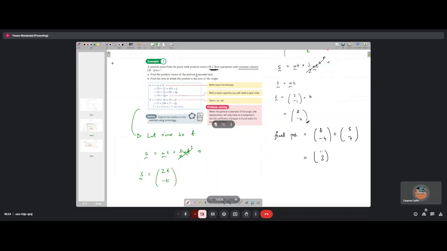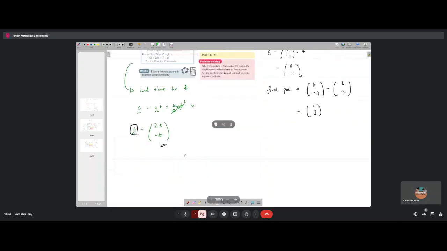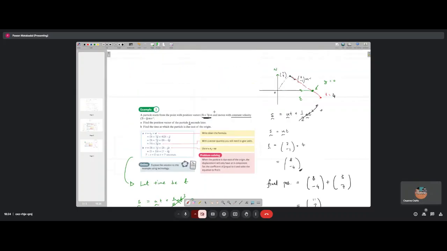And then we're doing the same procedure again: we're adding that to the original position.